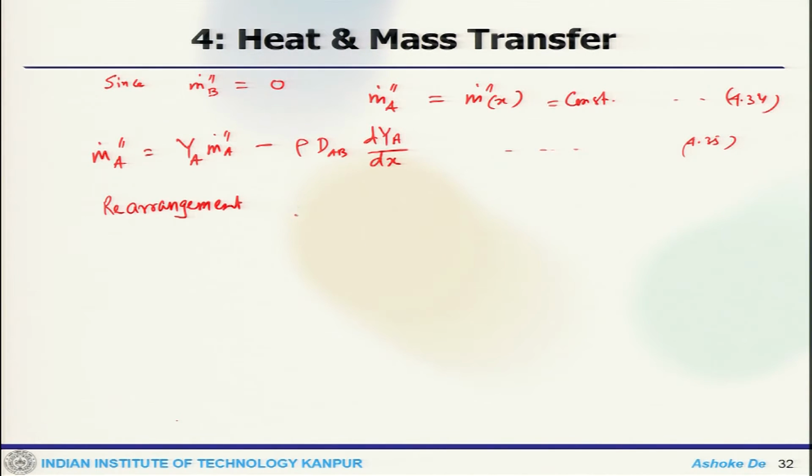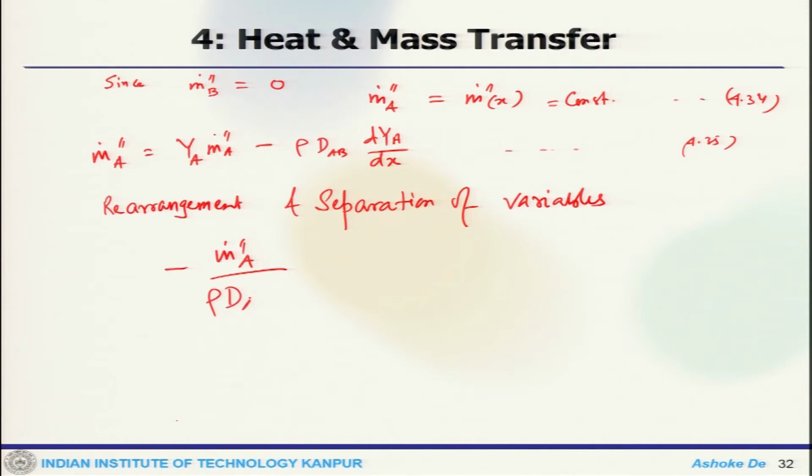rearrangement and separation of variables. So, what we get is m dot A by rho D A B d x equals d y A by 1 minus y A. So, that is what we get.